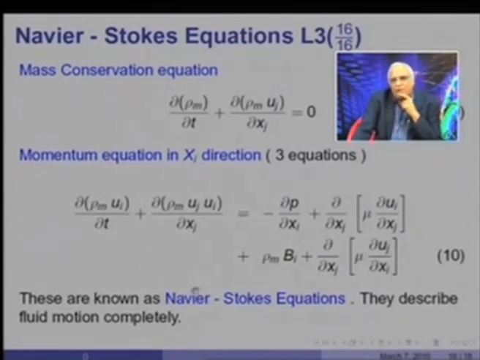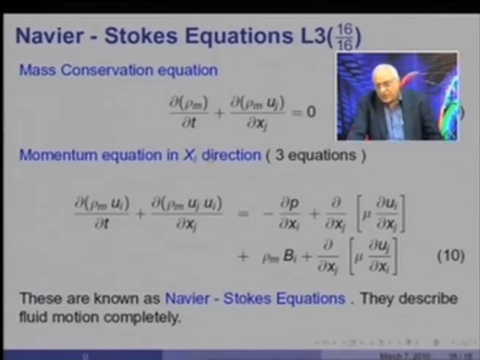Navier was a French scientist engineer and Stokes was an English scientist engineer. Both are credited with formulating this set of equations by including the stress terms which were ignored by Euler in 1760.